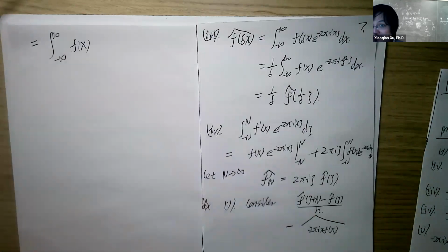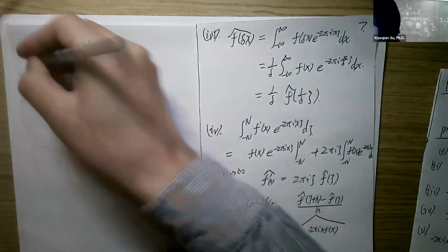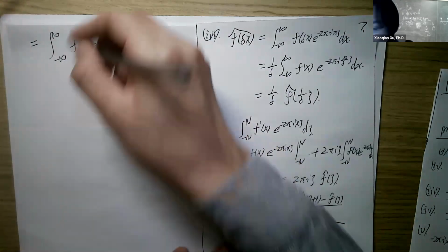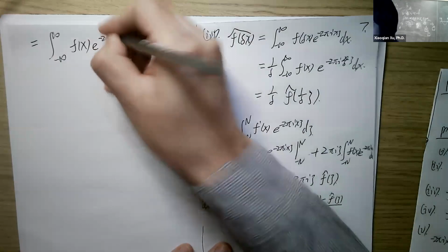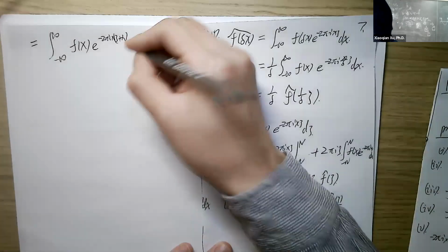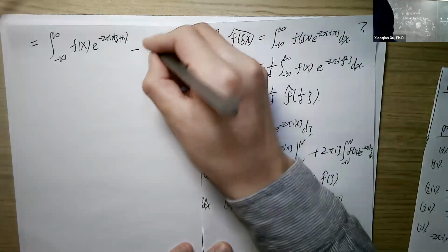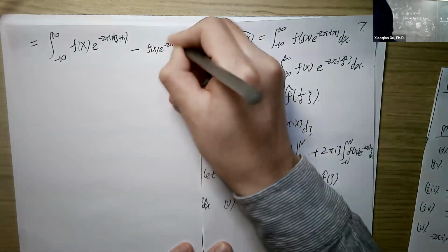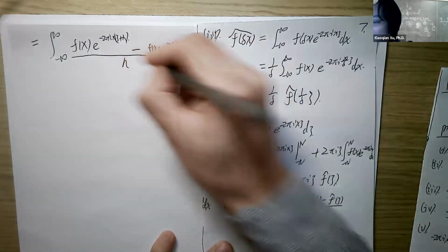If we have some problem, maybe we can cut it and try to compute on the finite interval. This expression equals the integral of f(x) e to the minus 2 pi i x (xi plus h), minus f(x) e to the minus 2 pi i x xi, this total thing divided by h, dx.